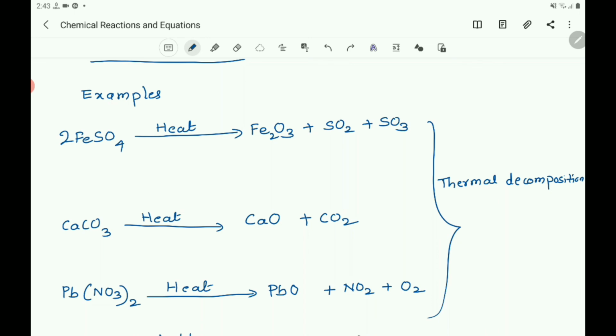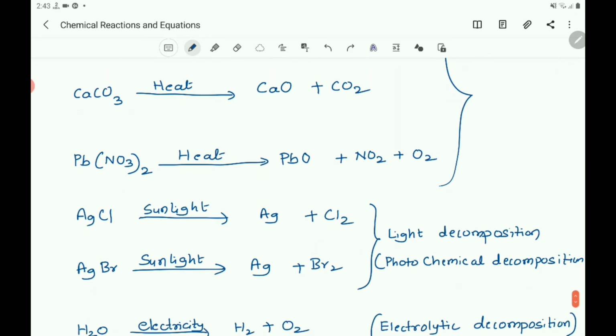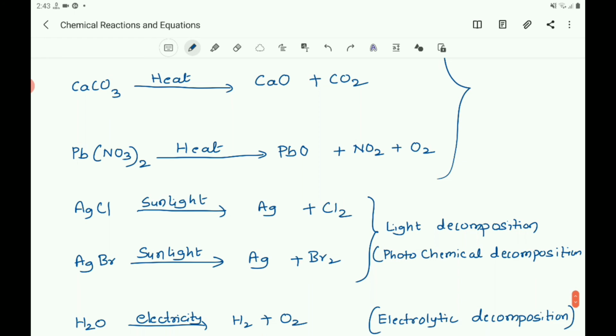as heat is used. Next, let us take here when AgCl and AgBr, silver chloride and silver bromide, are exposed to sunlight, they split up into silver and chlorine, and AgBr splits up into silver and bromine.